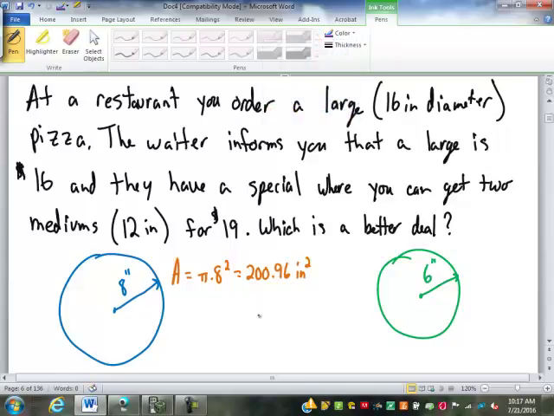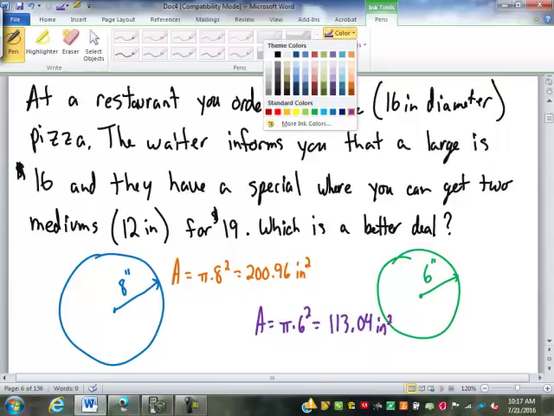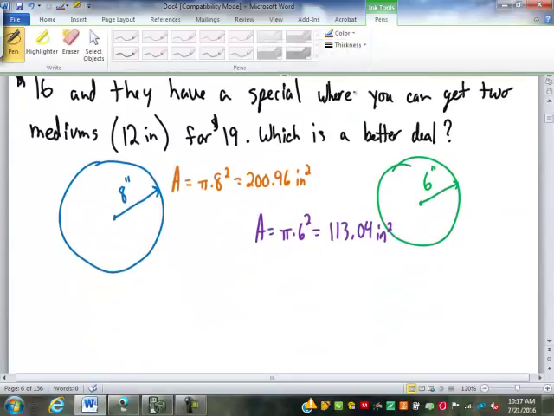So that will have an area of pi times 6 squared, otherwise known as what? 113.04 square inches. But, as the waiter so energetically points out, you get two of them.